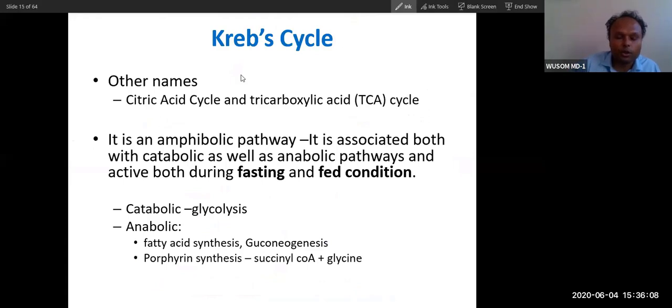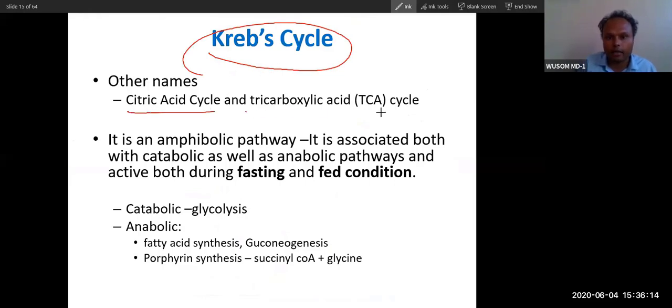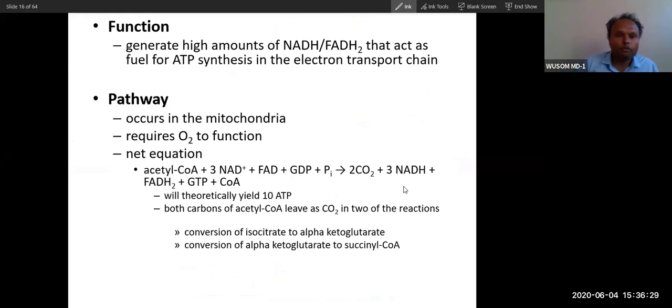Now, the Krebs cycle. You already know, I don't have to explain. The other name is citric acid cycle, tricarboxylic acid cycle. Why? Because citric acid is formed, and citric acid is a tricarboxylic acid. I have already explained fasting and fed condition. Now the function, you already know, I have told you many times. So what is the ultimate reaction?